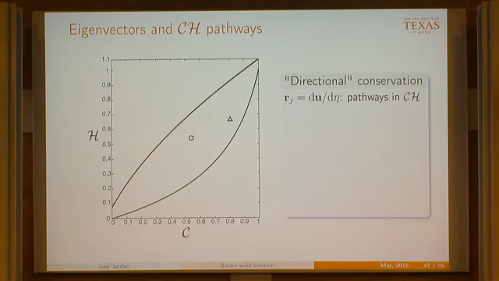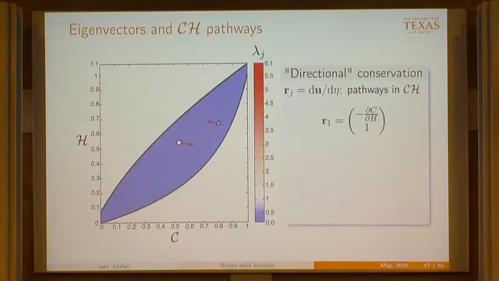And so what I mean by that is there are these pathways that exist in this concentration-enthalpy phase space. The way you can think of this is this direction from this circle: I can move incrementally, infinitesimally, in this direction and this direction only along that first wave without violating conservation of mass and energy.